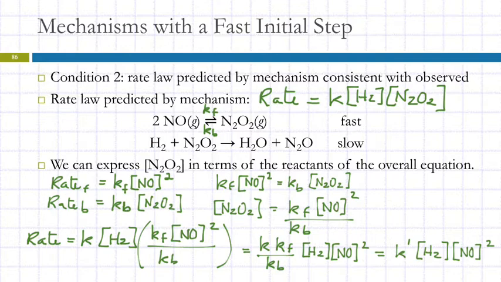So we just lump them all together into one constant. That one constant we can determine because this is our observed rate law. The rate of the overall reaction is equal to a rate constant times these concentrations. This rate constant we can determine, and that's one that we may care about.